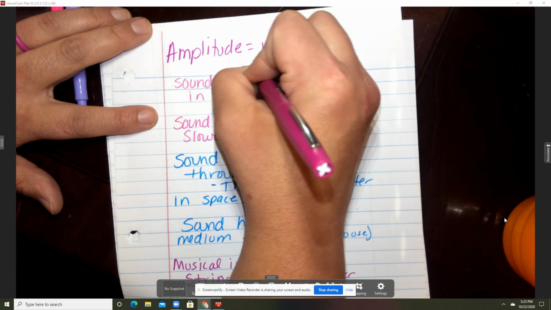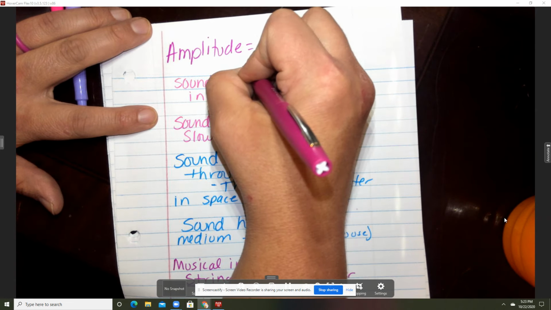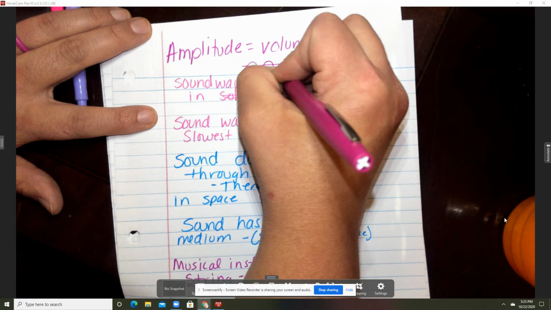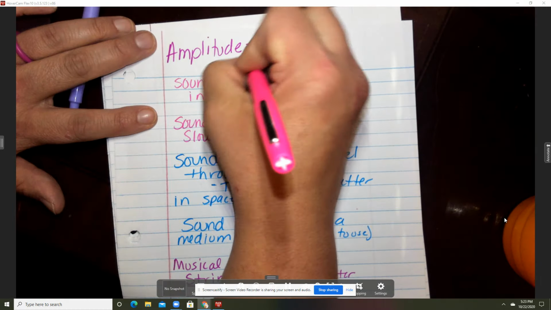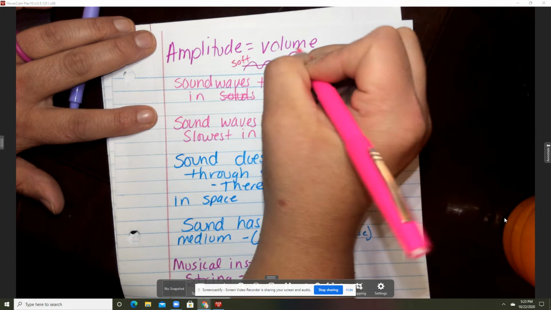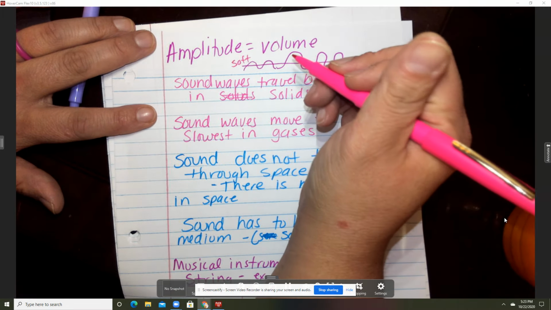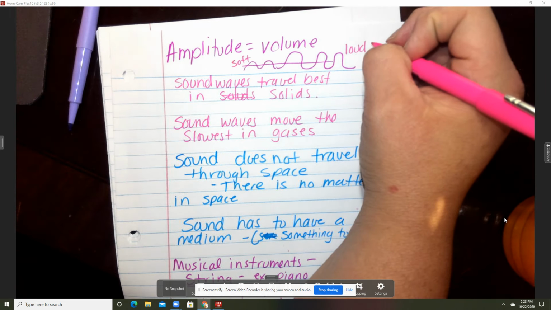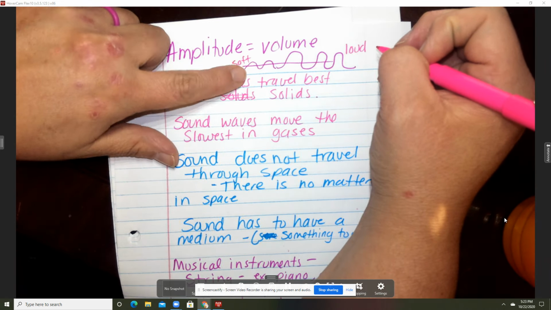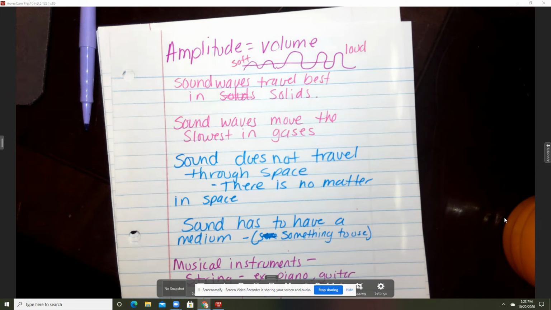So if you have a baseline for a wavelength, like the middle, this would be a soft volume. And then this would be a loud volume. Your wave is getting bigger when it's loud and smaller when it's softer.